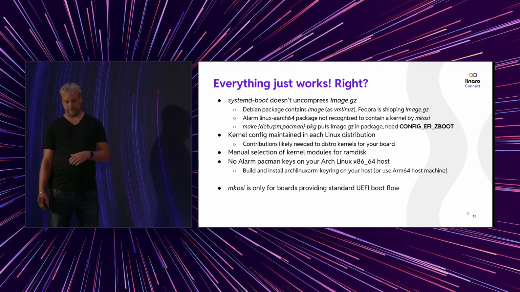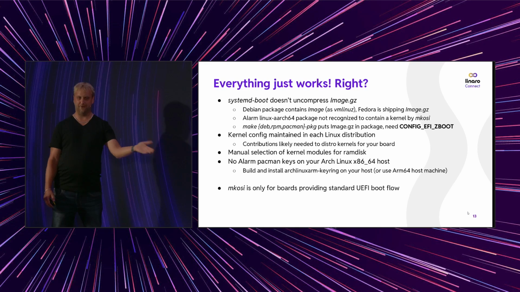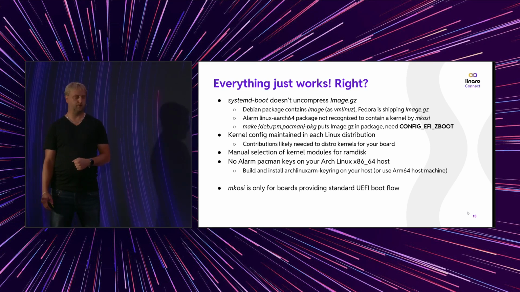For the Arch Linux ARM aarch64 package, MKOSI doesn't consider that to be a valid kernel package, so you can't choose the Arch kernel package, but you can build your own Linux upstream package and override it. And when you make any of these package outputs in the kernel, you will typically get the Image.gz file.